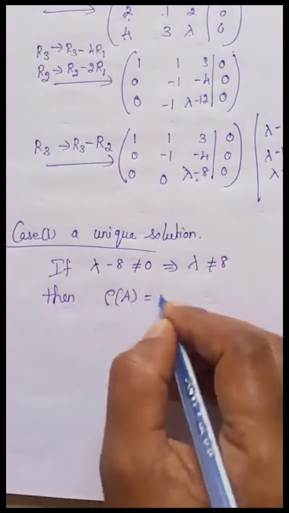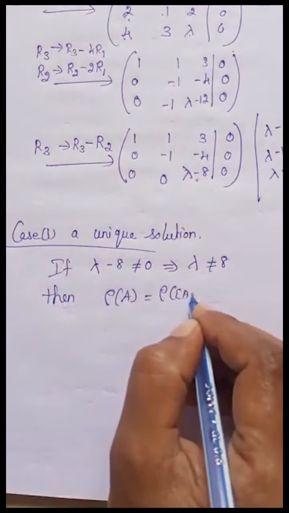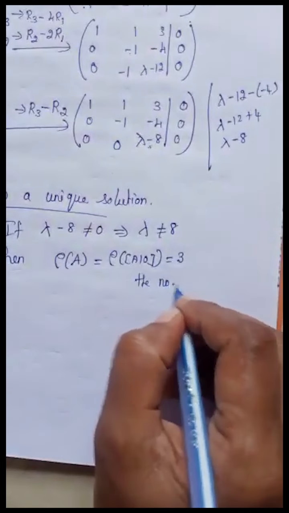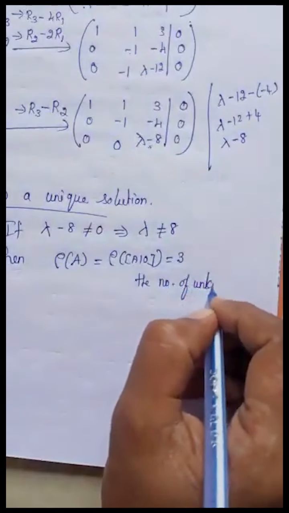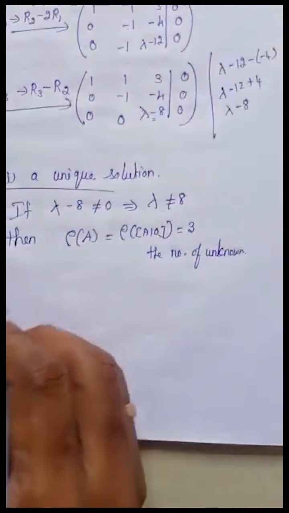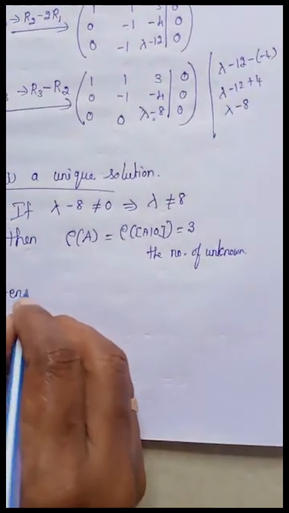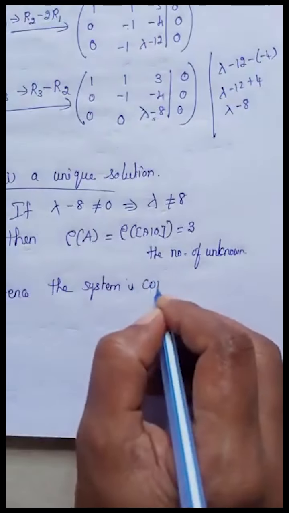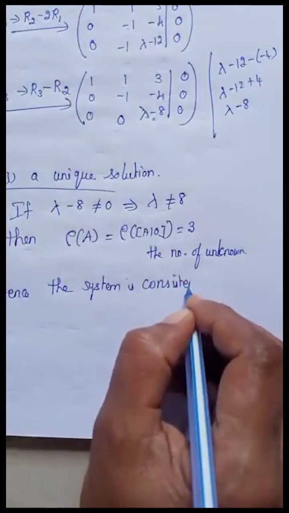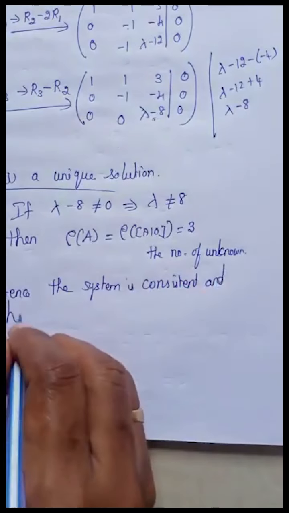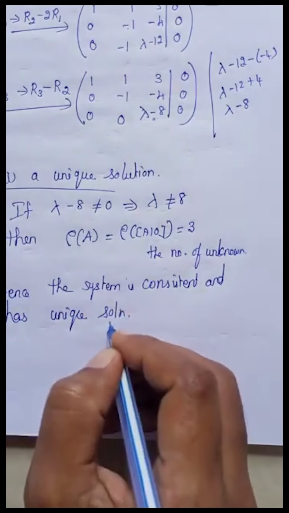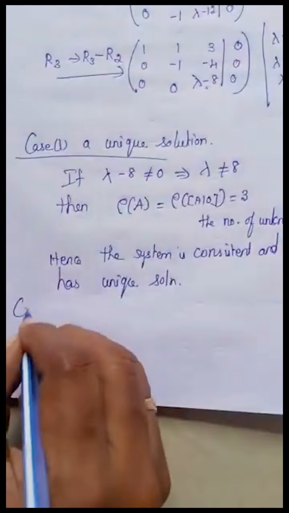Rank of A is equal to rank of A bar, which is equal to 3, the number of unknowns, isn't it? Hence, the system is consistent and has a unique solution. Is that clear?